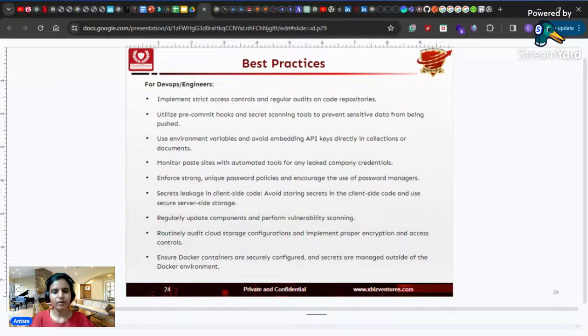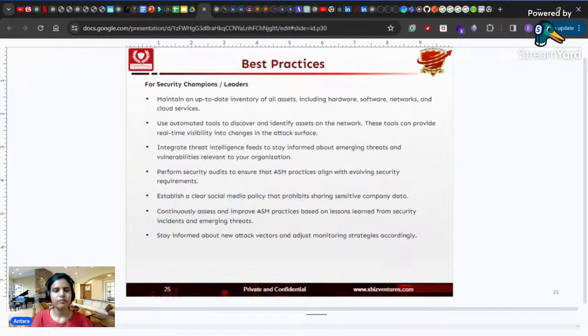Ensure that the Docker containers are securely configured, and that no secrets from any of the images exposed on the internet are being exposed outside your Docker environment.